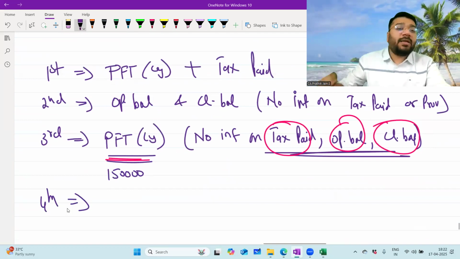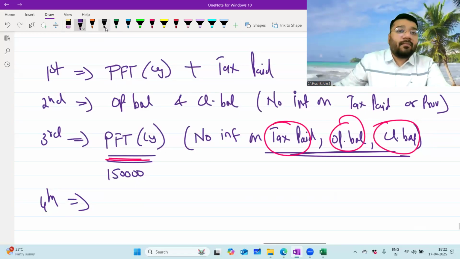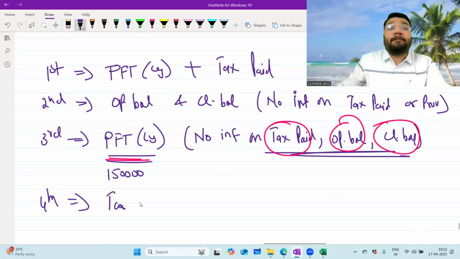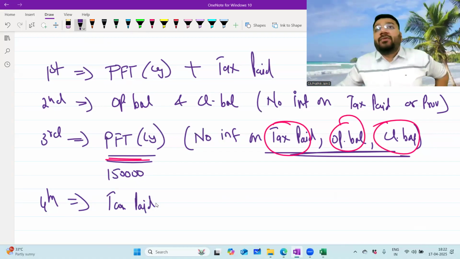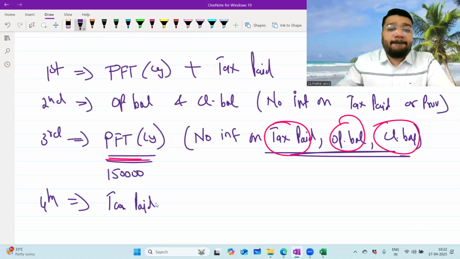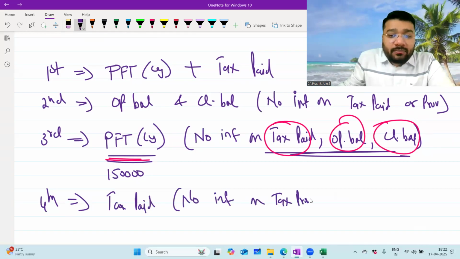Think of the fourth possibility. What did you say? Tax paid is given. Only tax paid is given. No information on tax provision, opening balance, and closing balance.